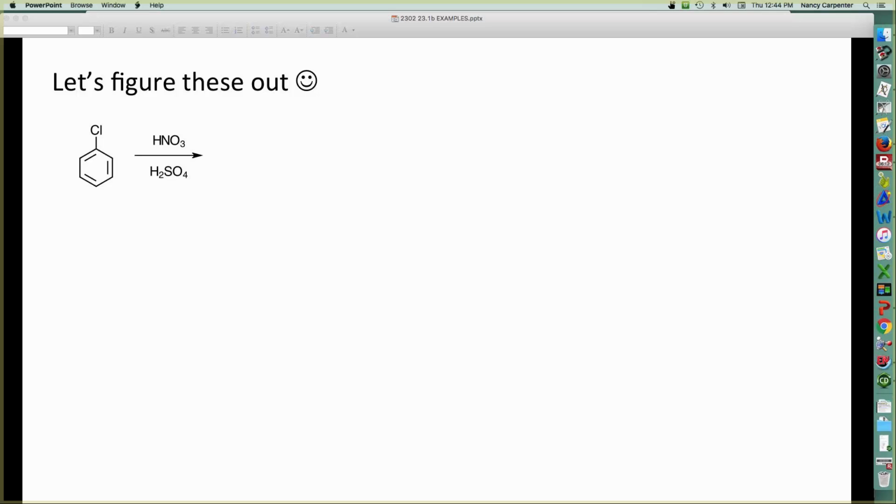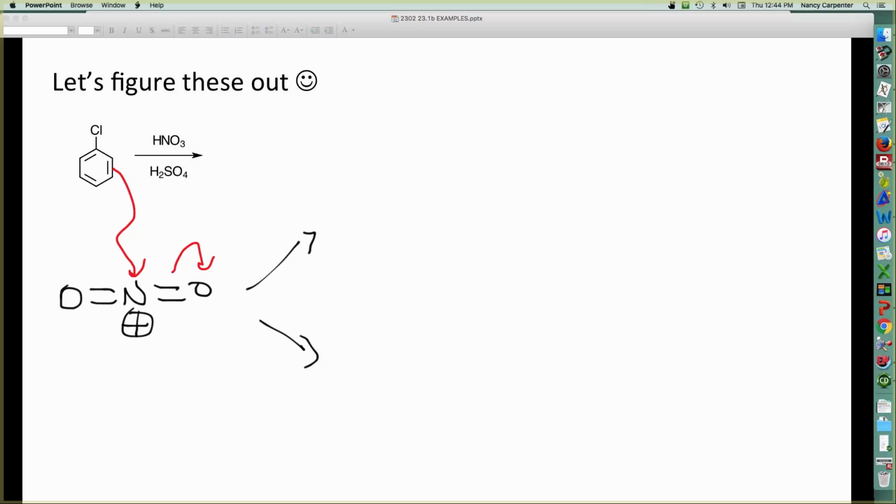Then, if I just look at adding that powerful electrophile to my relatively weak nucleophile, now I'll look at the stability of the carbocation intermediates.